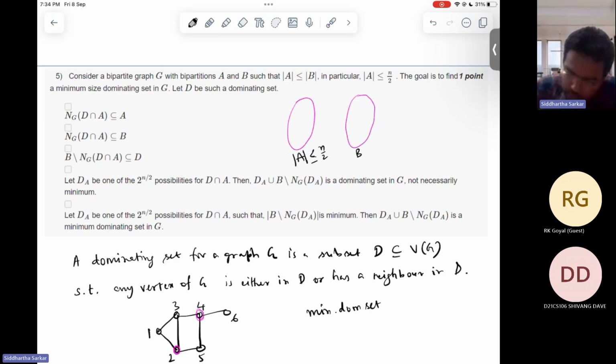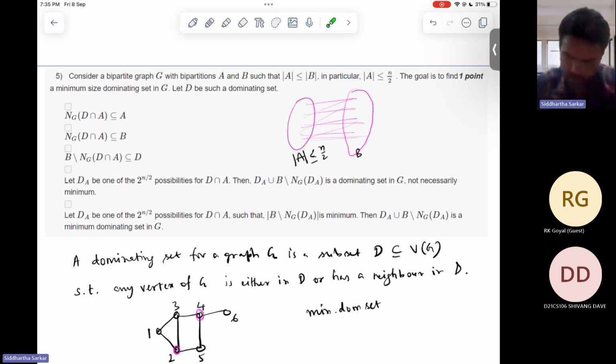It could be equal to n by 2, but B is larger than A in cardinality, and all the edges are going between A and B. The goal is to find a minimum size dominating set in this bipartite graph. Let D be such a dominating set.